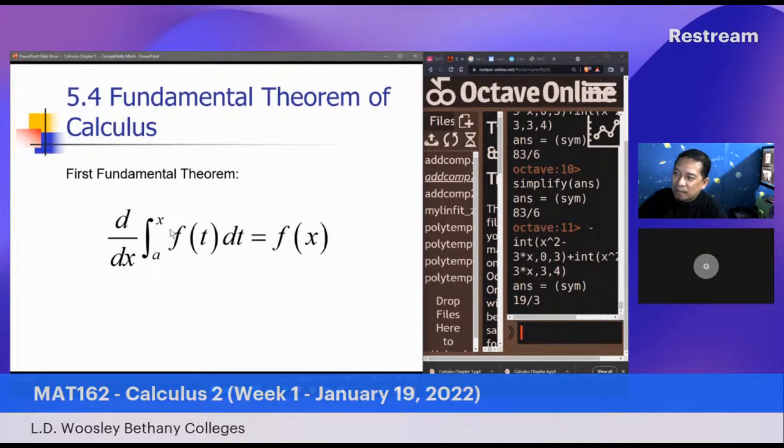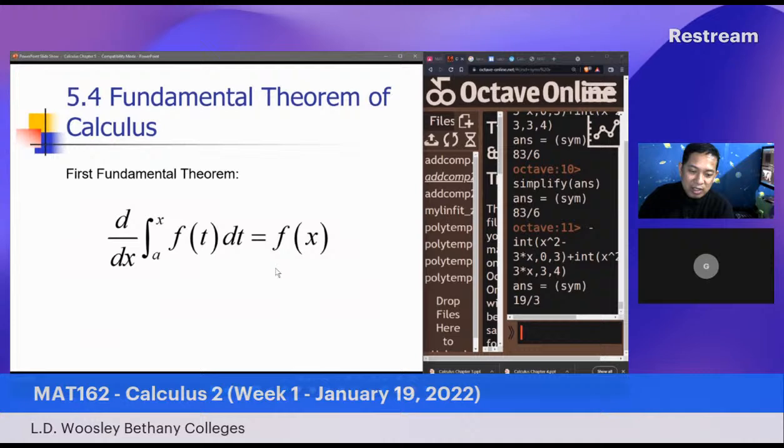In-integrate natin dito. Tinago mo yung x doon, pero x pa rin yun eh. Kasi from A to x, normally 0 to x, x ang matitira doon, magiging f of x pa rin yan eh, afterwards. So but when you get the derivative, babalik ka. Kasi kung wala yung derivative, capital F of x yan. No, pag ginawa mo yung derivative, ito, f of x.